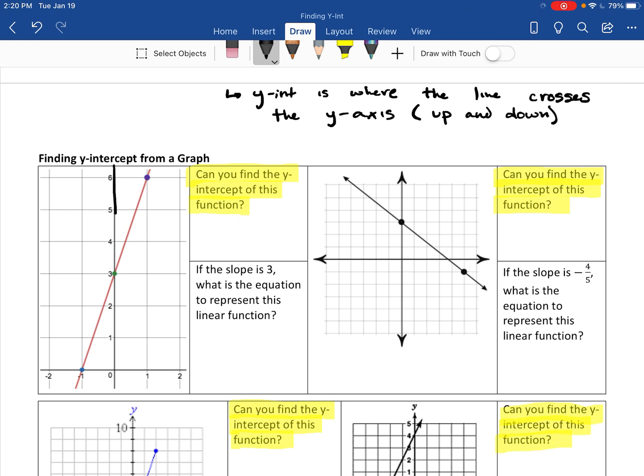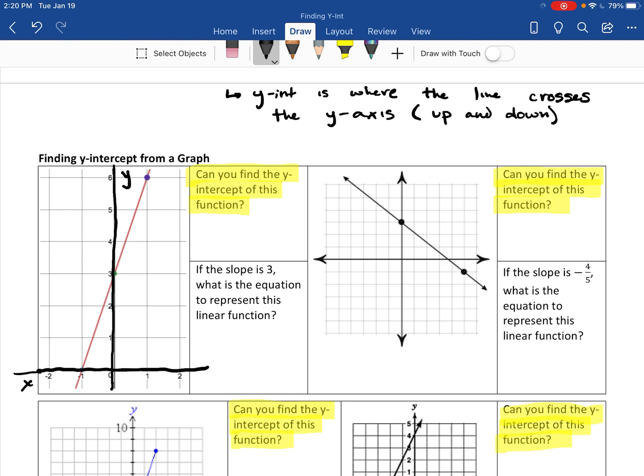So what that means is we have two axes here. We have this one that goes up and down. That's going to be our y. And this one here goes side to side. That's going to be our x. So we only want to focus on where our red line crosses the up and down line.